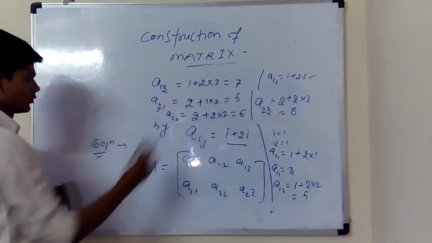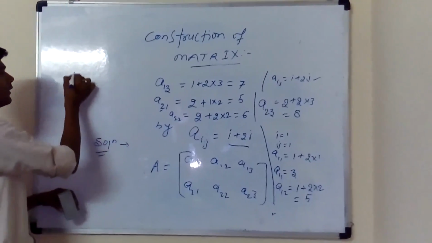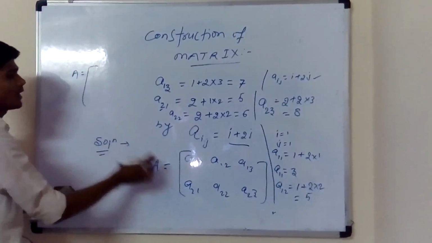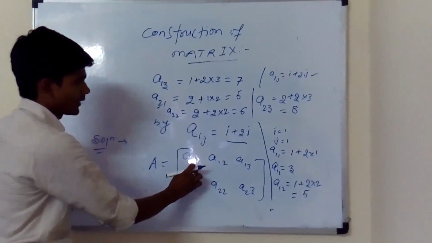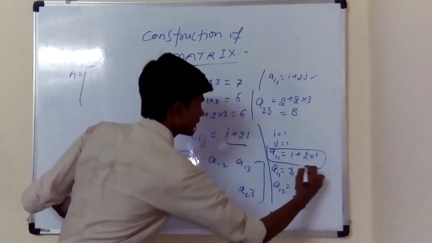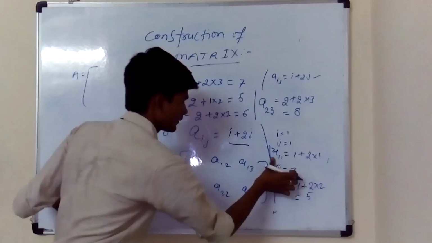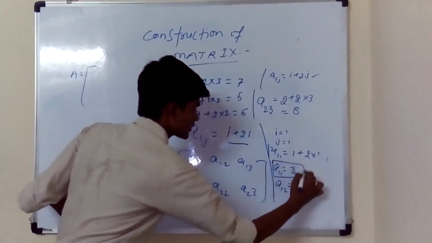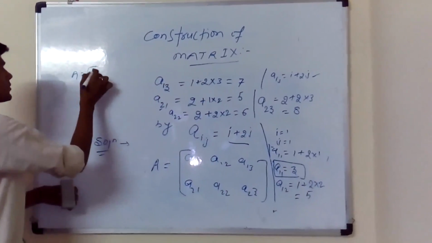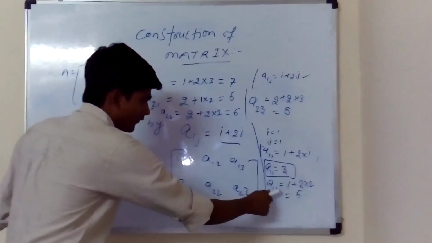Okay, so what is the final answer of this question? A is equal to, what is the value of A11? A11 is equal to 3. So this is a 3. Now this is A12.